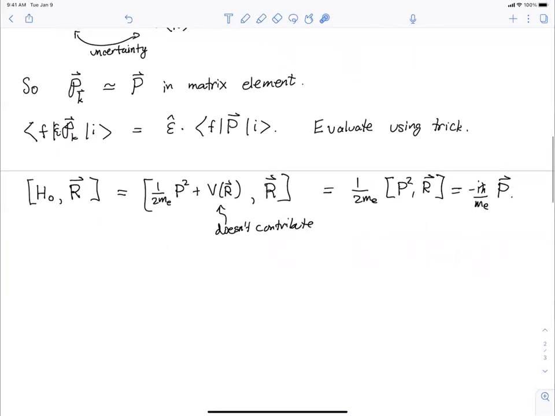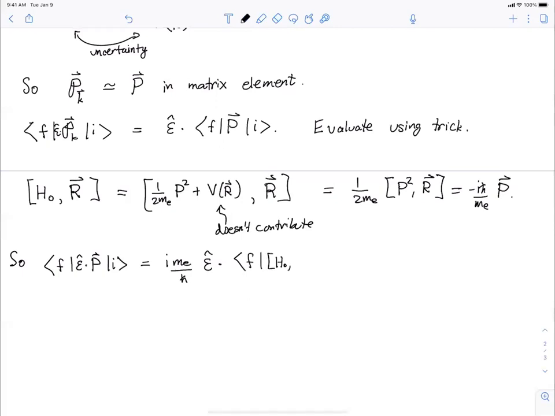All right, so what does this mean? It means when we see this matrix element, now I put our factor of i m_e over h bar times polarization vector dotted into what I've replaced it by, which is the commutator of the Hamiltonian with position. And why are we doing this?